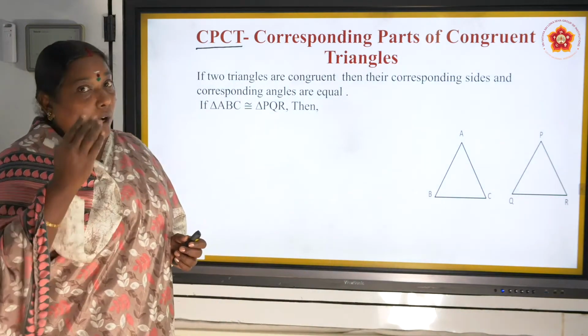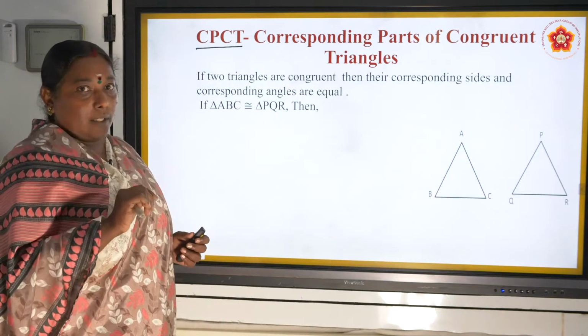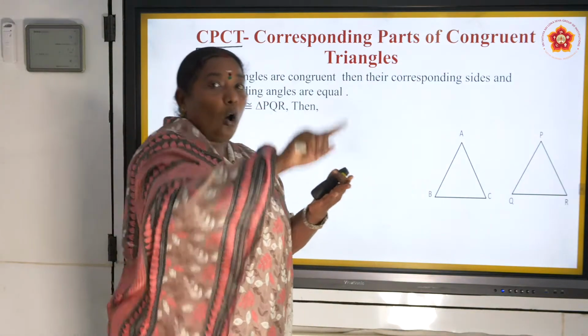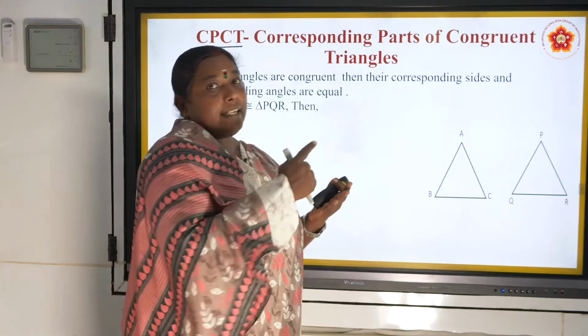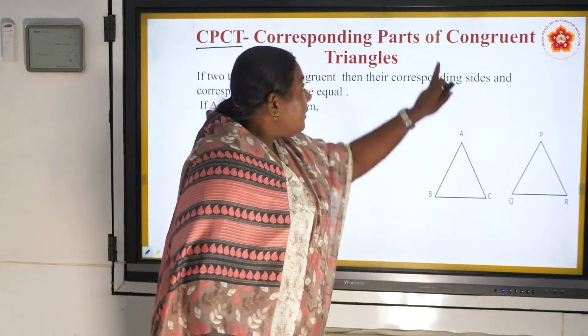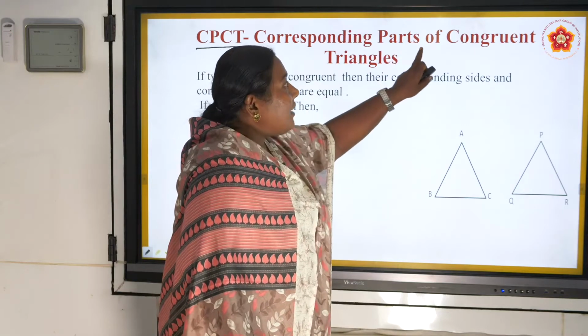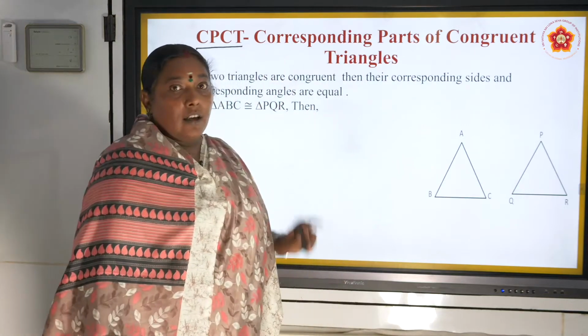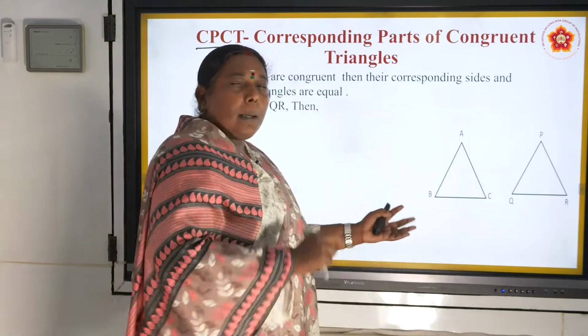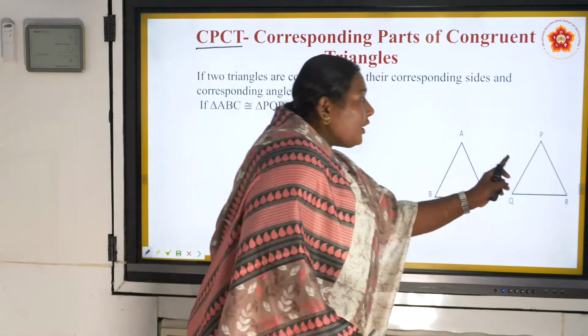Just now we saw what is congruent and what is congruence. Congruent means we take all the shapes, all the sides, all the angles of both the triangles. So, corresponding parts of congruent triangles: when two triangles are congruent, we are going to compare their corresponding sides.